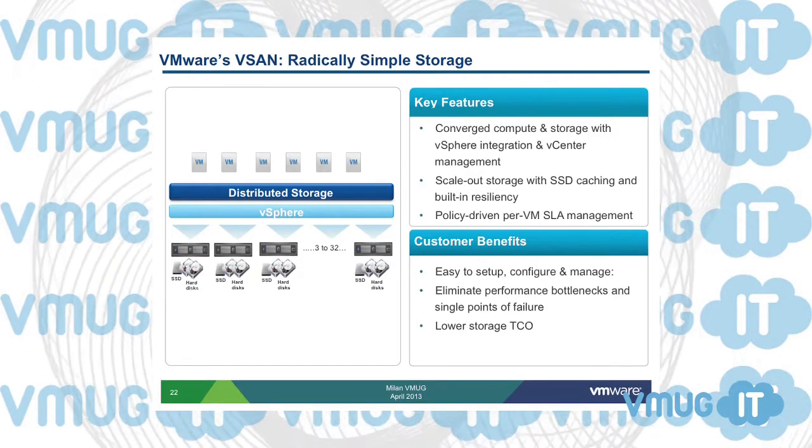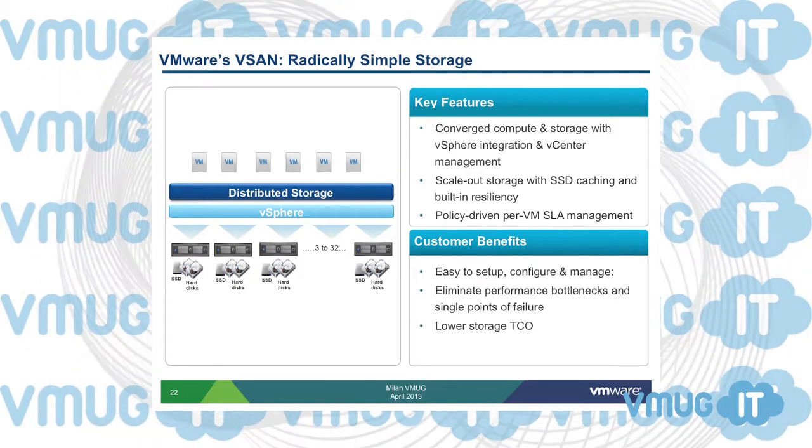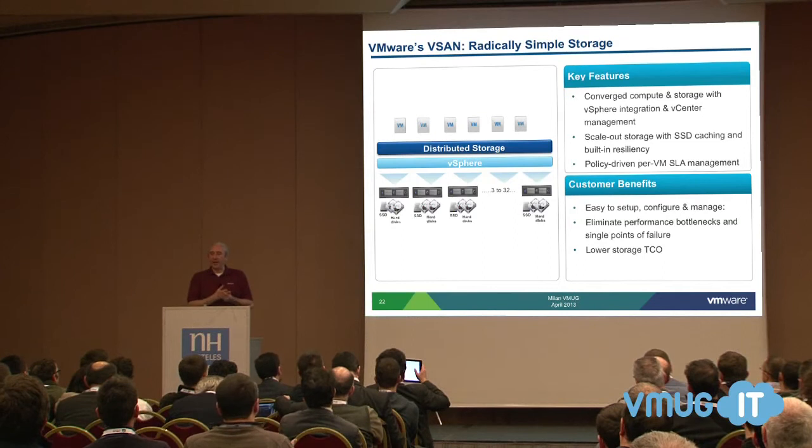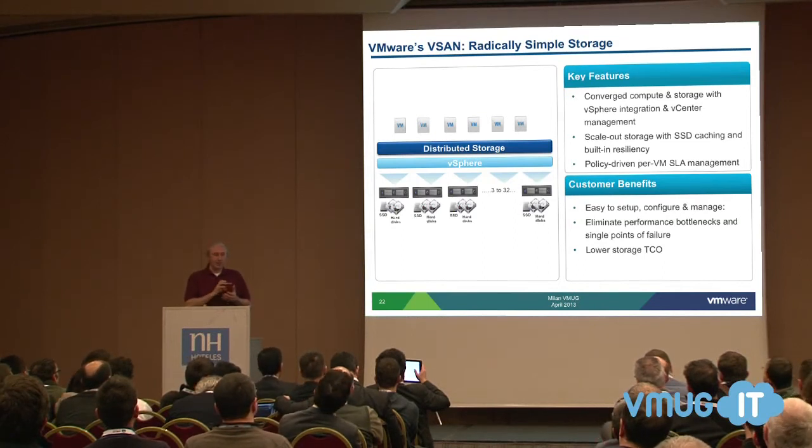So vSAN is where we're going to take the local storage of your ESXi hosts, and through another layer of software that's going to sit on your ESXi hosts, we're going to be able to build what we're calling a distributed vSAN data store, which traverses all of your ESXi hosts. So there's no SAN connectivity needed, there's no NAS connectivity needed.